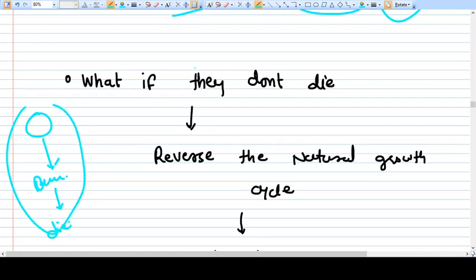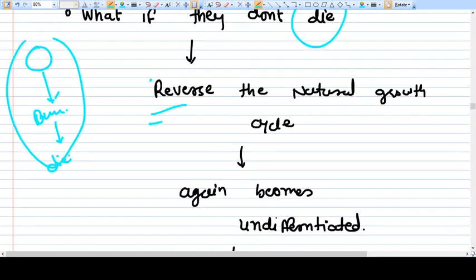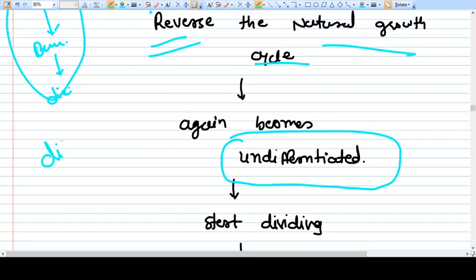Even every animal has a growth pattern like that only. But neoplasia is a serious challenge against this spectrum. The cells don't die, they reverse the natural growth cycle. They again become undifferentiated. The cell was differentiated and functional, but now this cell again goes for undifferentiation.